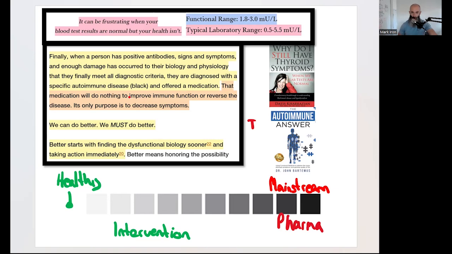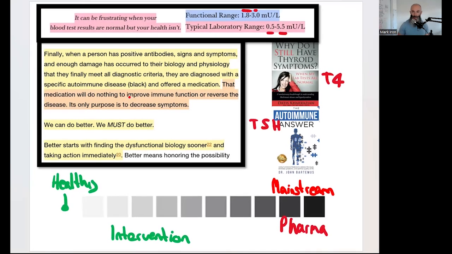They'll only check thyroid stimulating hormone, or maybe T4, which isn't anywhere close to what you should be checking. And if they do check it, they'll tell you that if you're between 0.5 and 5.5, you're good, but that's not even close to being optimal at all. We need to get it between 1.8 and 3.